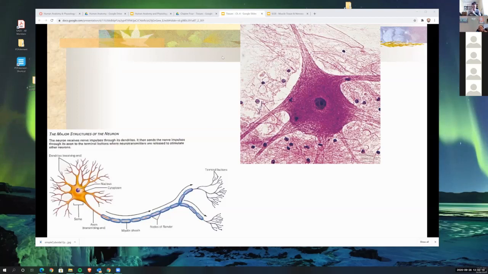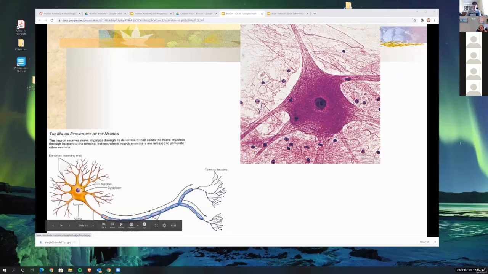That's why when you have a back injury, it can be so dangerous if something breaks in your spine, because if any one of those cells get damaged, not only can they not repair themselves, but that information now no longer has any way to get from your body to your brain or from your brain to your body for movement. So it can be a very catastrophic type of injury.